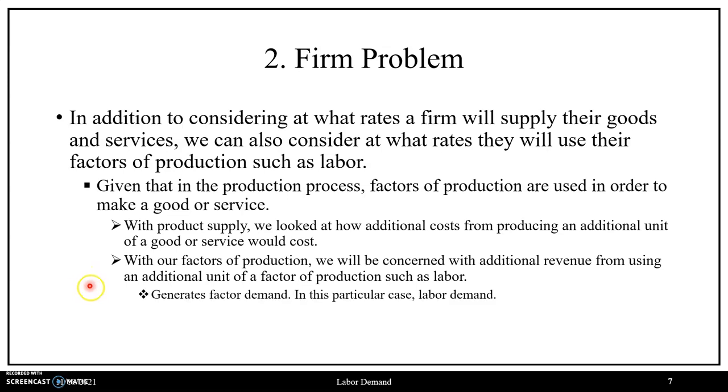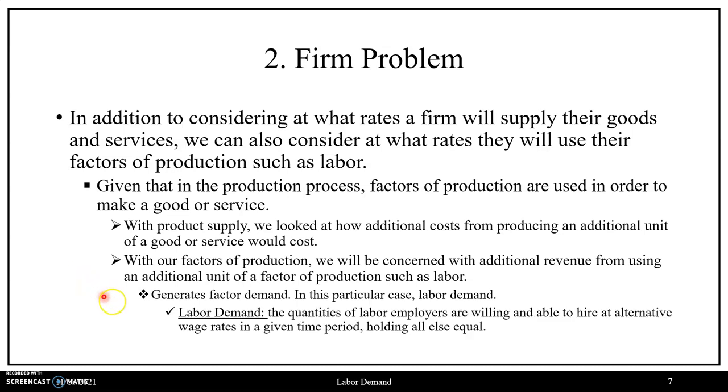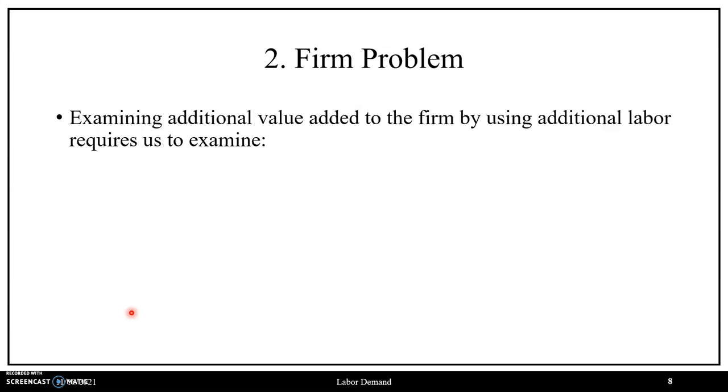This will overall generate factor demand, or in our current case, labor demand, which we'll define as the quantities of labor employers are willing and able to hire at alternative wage rates in a given time period, holding all else equal.